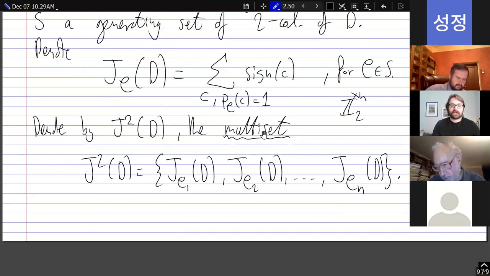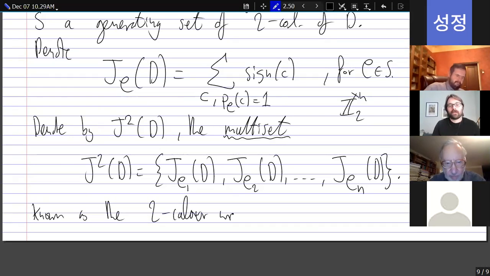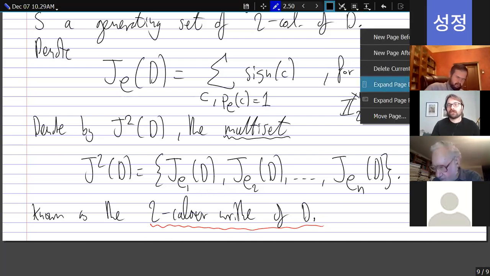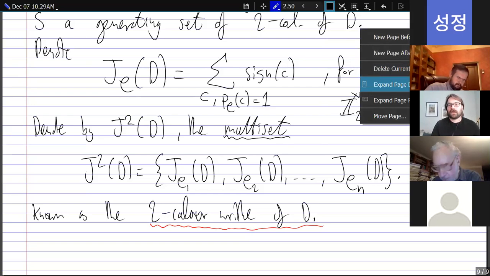And this is known as the two color writhe of the diagram D. And no prizes for guessing, this is a link invariant, a virtual link invariant.